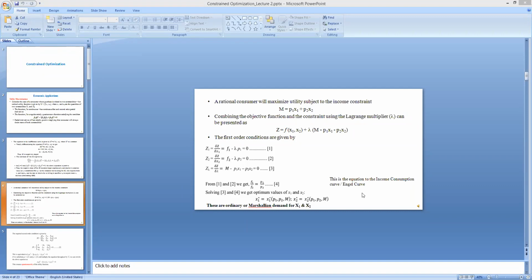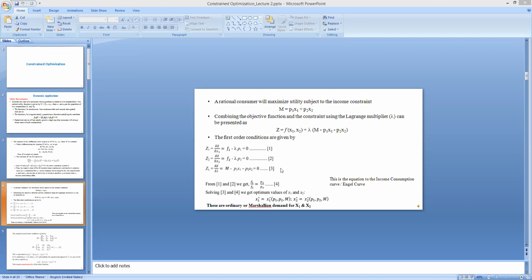So we started with a strictly convex level curve and a budget line. However, using the Lagrangian expression and the first order conditions, we are now concentrating on two straight lines. One is given by the equation of the income consumption curve or the Engel curve, and another one is equation 3, which is the budget line.